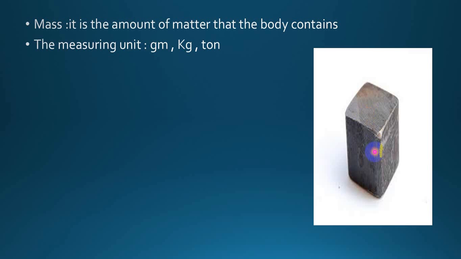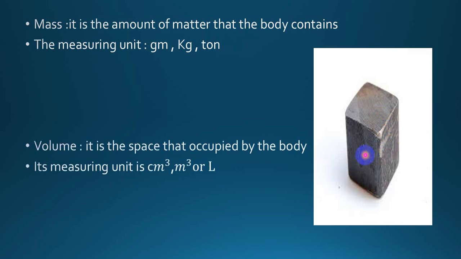From the definition, matter is everything around us that has mass and volume. Mass is the amount of matter that the body contains. What about volume? Volume is the space that is occupied by the body. I have my example here, the cube of iron.